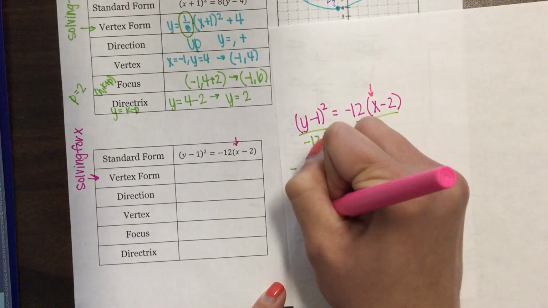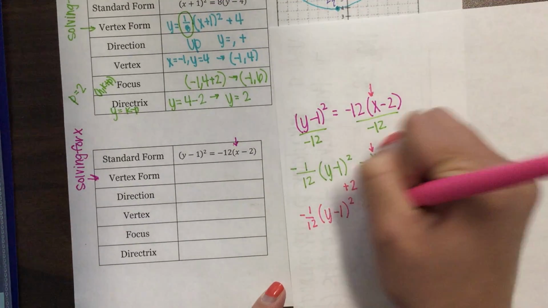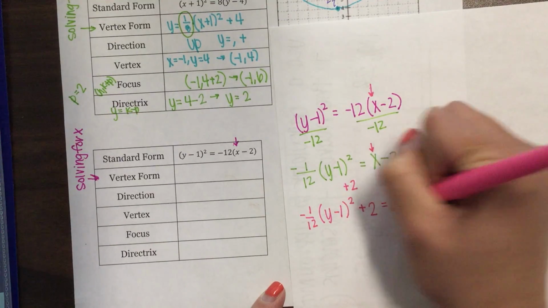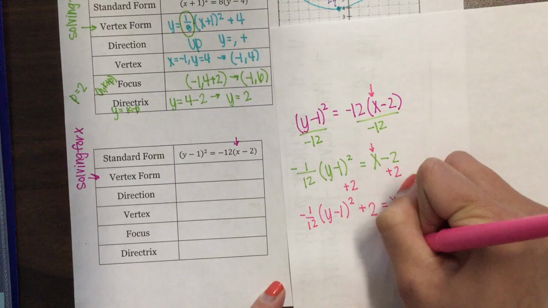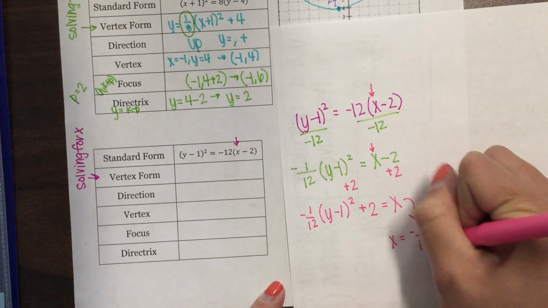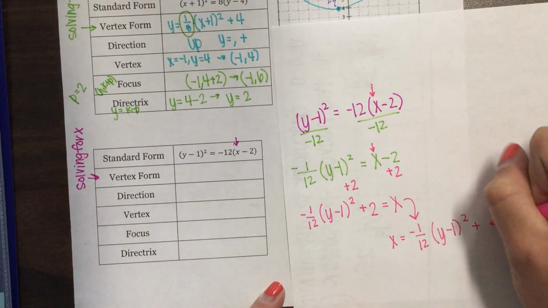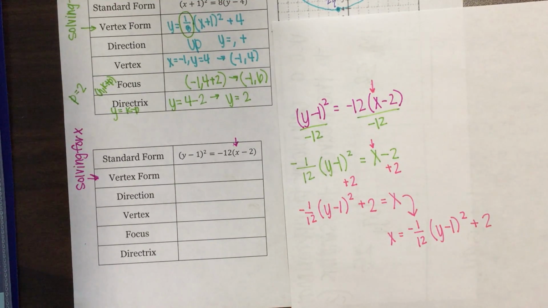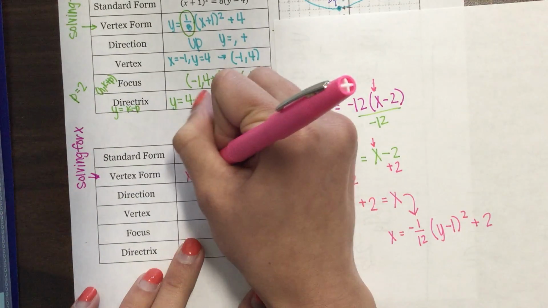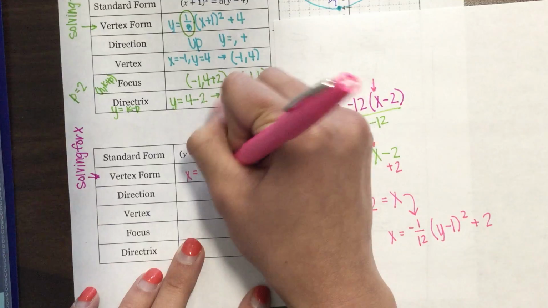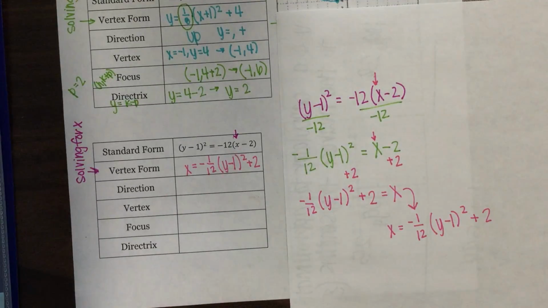So that's going to be -1/12 y minus 1 squared plus 2 equals x. And you can switch that around if you want to, so that'd be x equals -1/12 y minus 1 squared plus 2. Okay, and then I'm just going to write this over here. So that's x equals -1/12 y minus 1 squared plus 2.